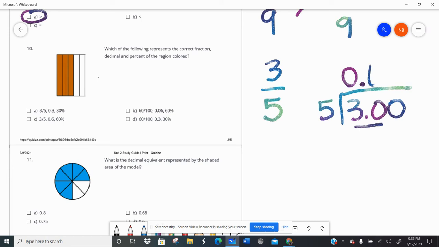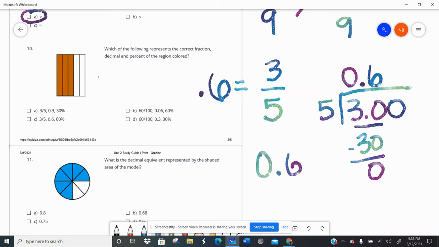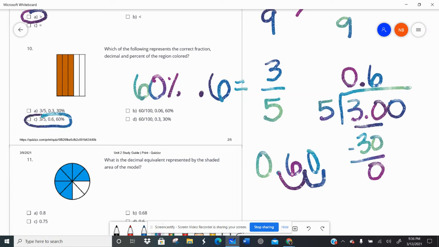There are 6 groups of 5 in 30. 5 times 6 is 30, and I have no remainder. So 3/5 is the same as 6/10. And let's see, if we have 6/10 to make it a percent, I go 1, 2 spaces, and I add that 0, 60%. So it looks like I'm C, 6/10, which is 60%.